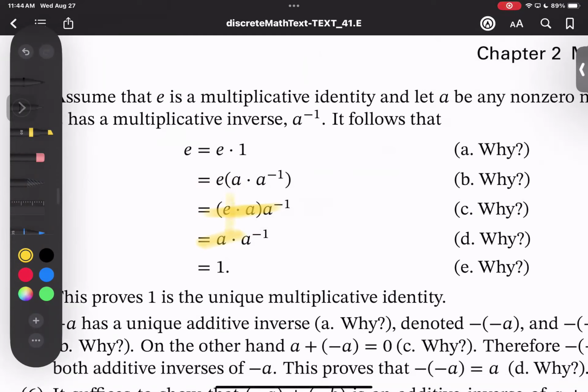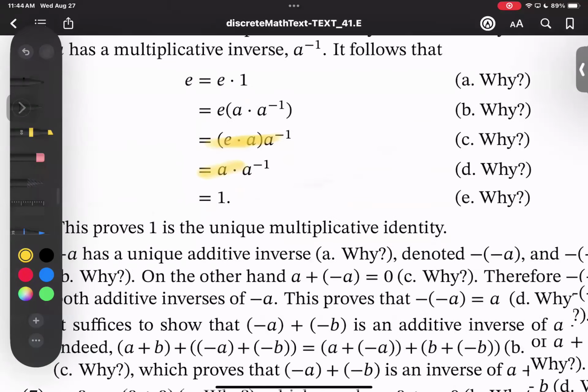And so because we assumed that, that's how we get from one step to the other. So it's not always that we're relying on the properties, because the property is very specific to say that 1 is the multiplicative identity. So here we're assuming something different, and then we're looking at the ramifications.